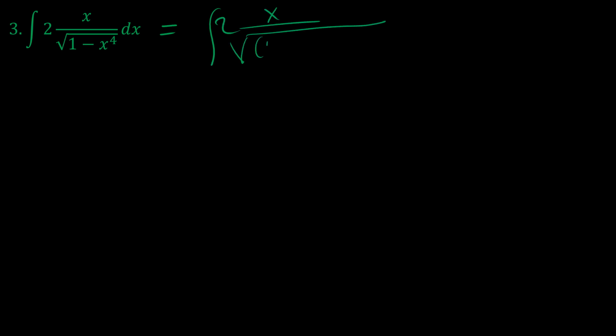Problem 3, which is the indefinite integral of twice x over square root of 1 minus x to the power 4. So this problem is the same as twice x over square root of 1 minus x squared times 1 plus x squared.